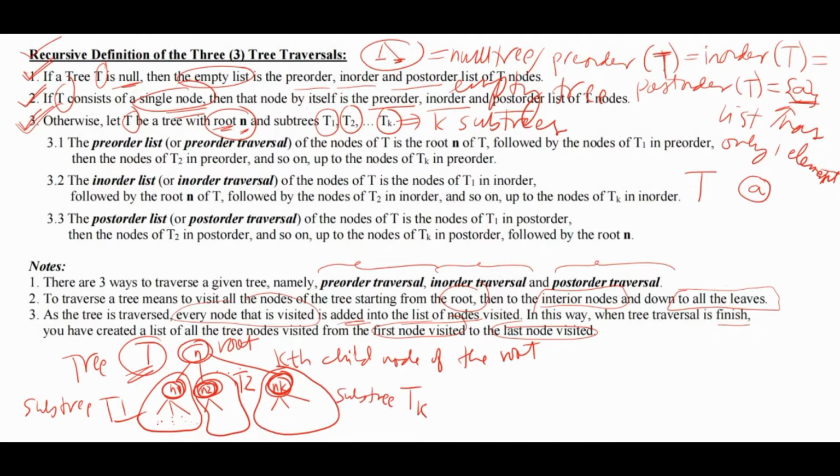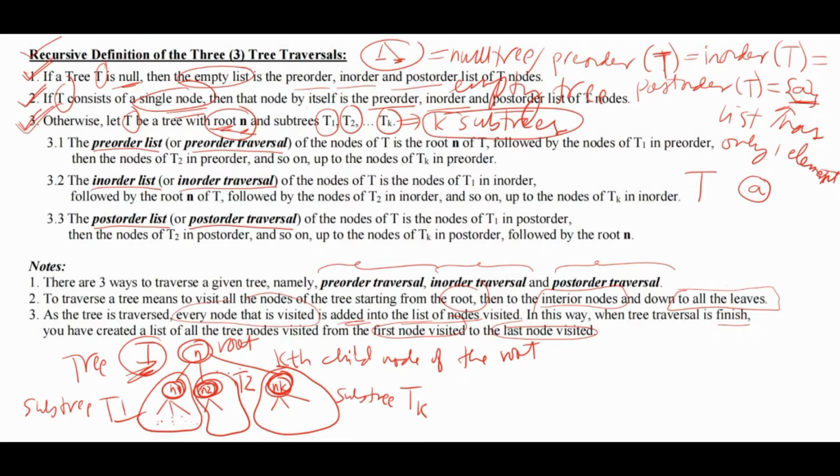So given that N is the root of this tree T, and subtrees are T1, T2 up to Tk, assuming that there are k subtrees, then how do we get the pre-order list or the pre-order traversal of the nodes of T, the in-order traversal, and the post-order list resulting from doing a post-order traversal of the nodes of T? How do we get it?